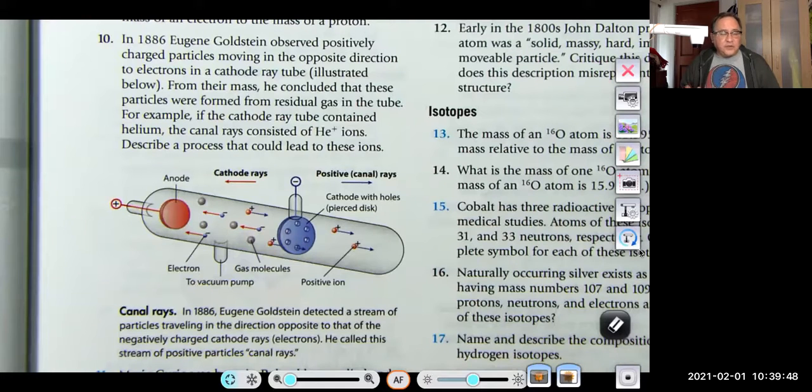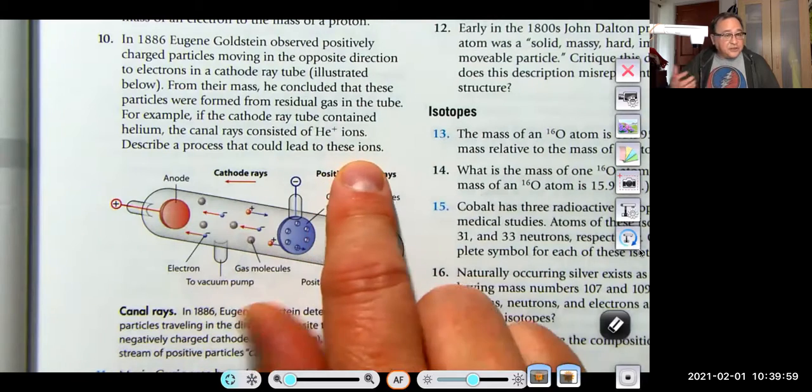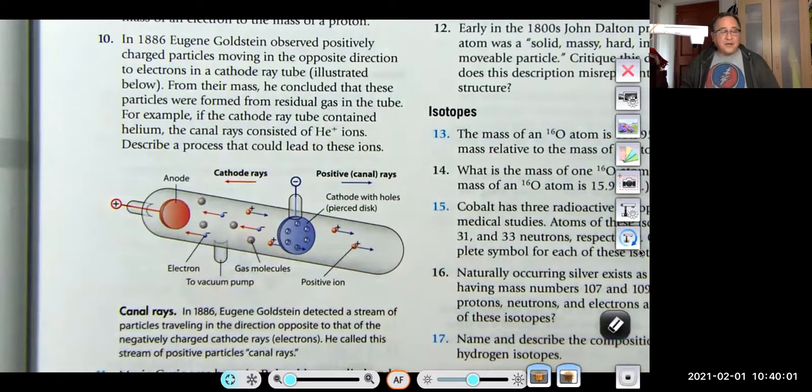So if you have 42 electrons and 43 protons, you'll have a positive charge. So this is essentially how you're creating these ions. Ion just means a charged particle. You're knocking an electron off with another electron. And that seems doable, right? Especially if this other electron is going at a high velocity.